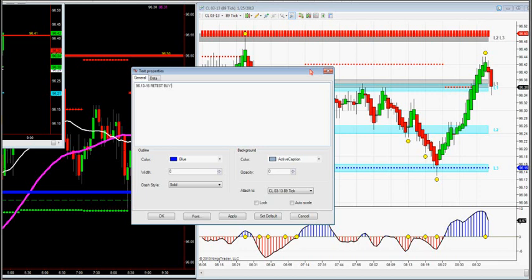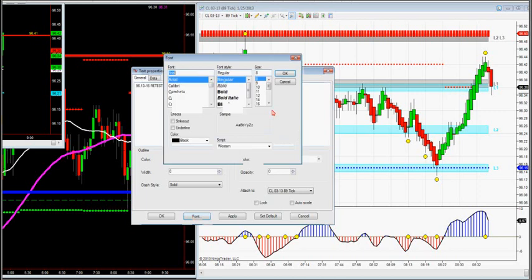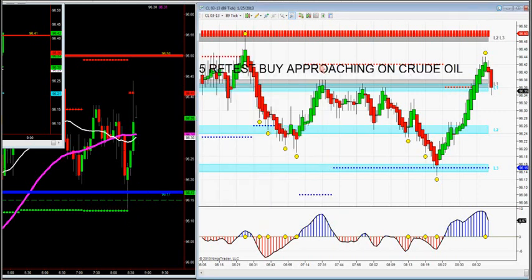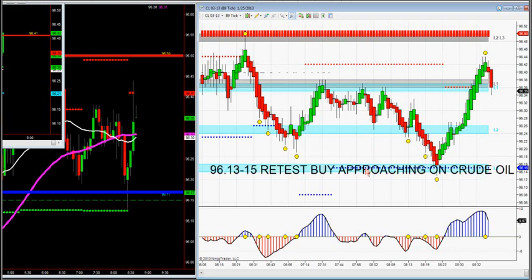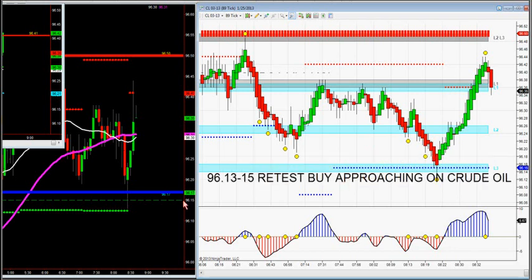Retest buy approaching on crude oil. There you go. That's exactly what I said. Right? Exactly what I said on the post. And that was right here at 9625. 9630 actually. 9630 we were. So as we move down 15 ticks, look where it stops.